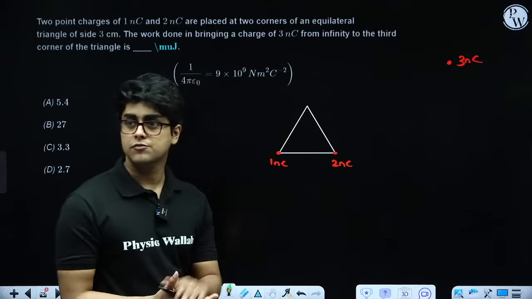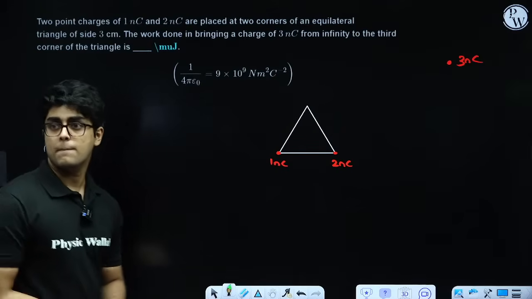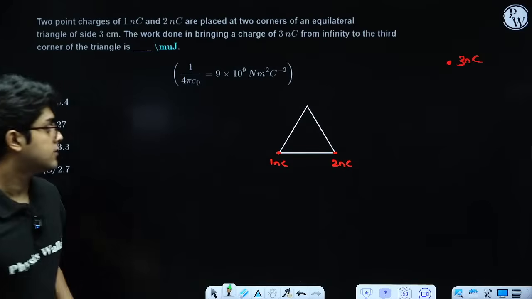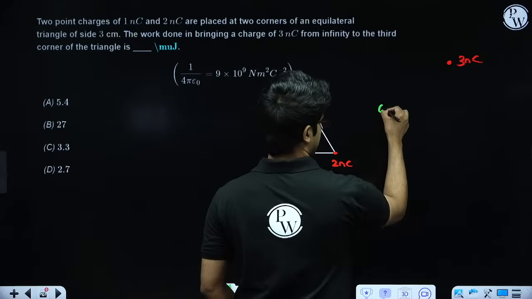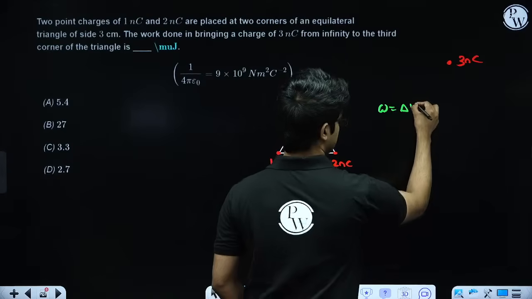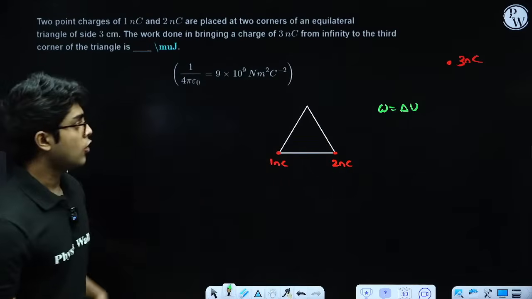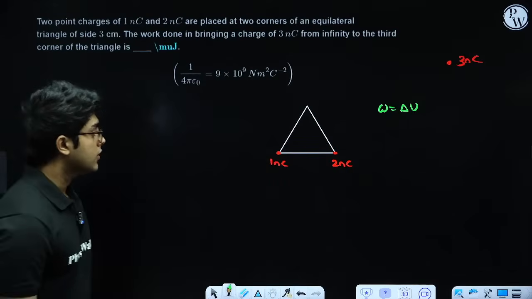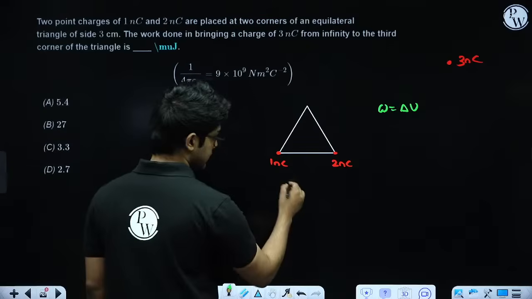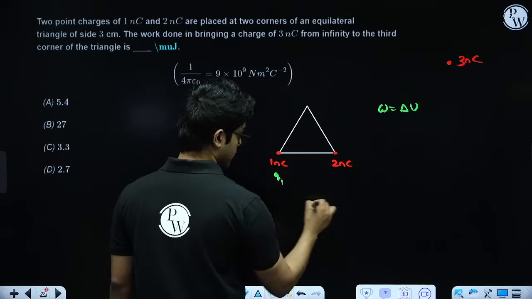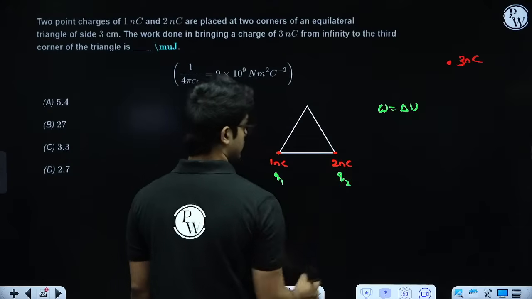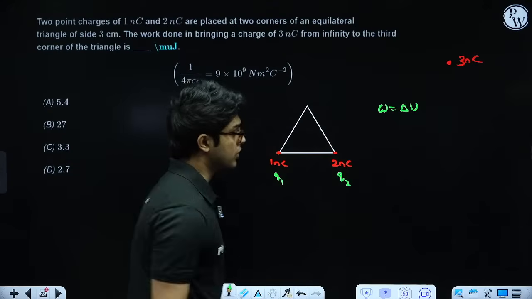So the work done's formula is pretty simple. So the work done will be delta U, the change in electrostatic potential energy of this system. Okay, so let's say this is charge 1 Q1, this is charge 2 Q2, and the other one is charge Q3.